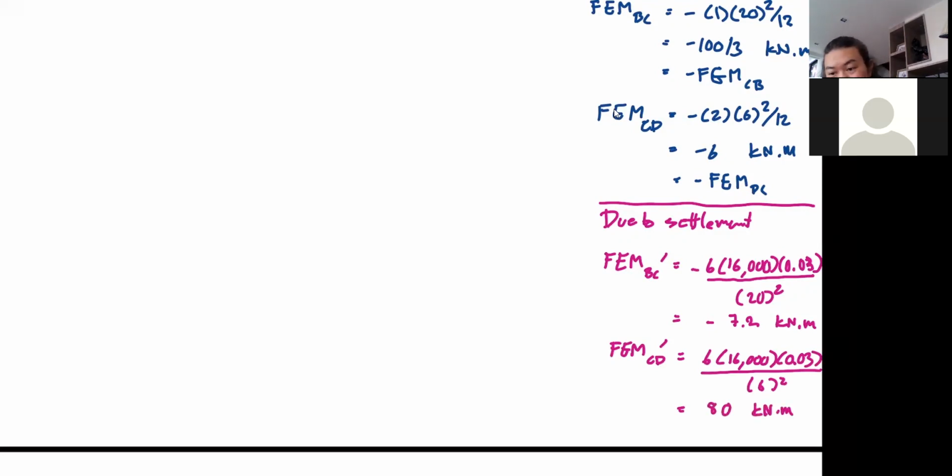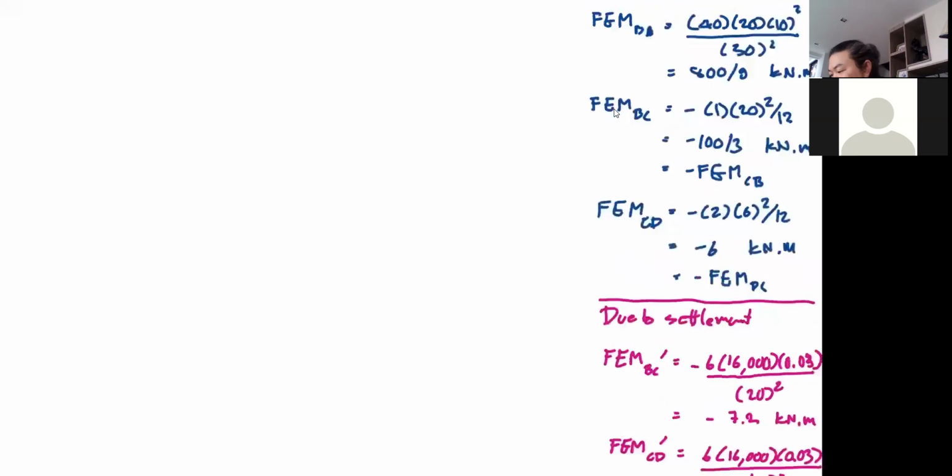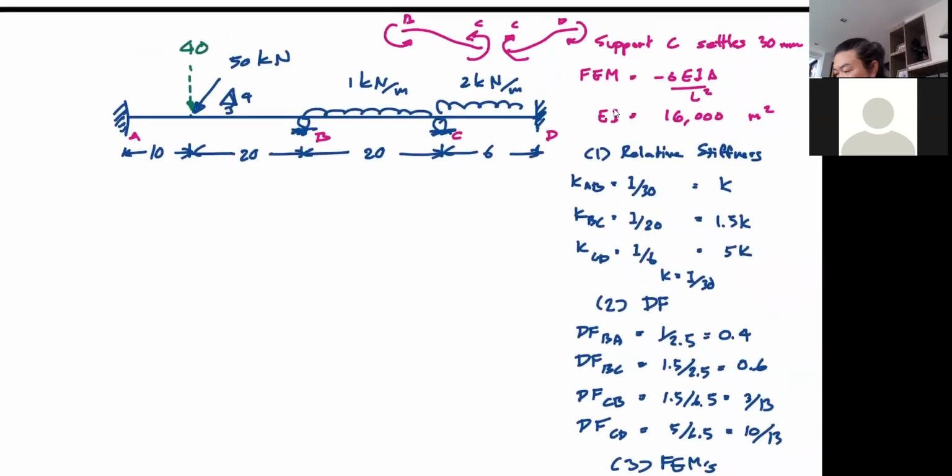Why is it larger? Because member CD is shorter and therefore it's stiffer. So to cause it to settle down would mean that it has a lot of moment in it. That's the important part that I want to show you. Now the rest is usual, nothing fancy about it. Just set up the distribution.